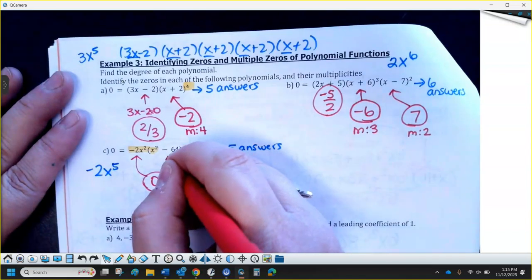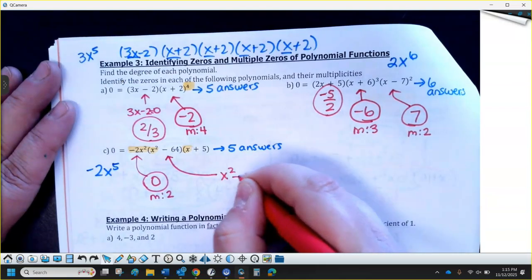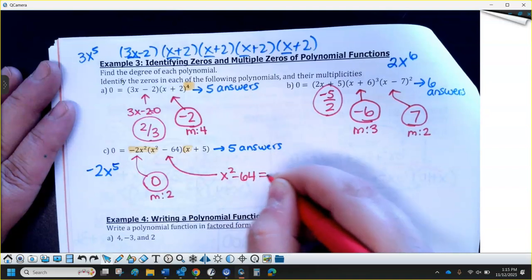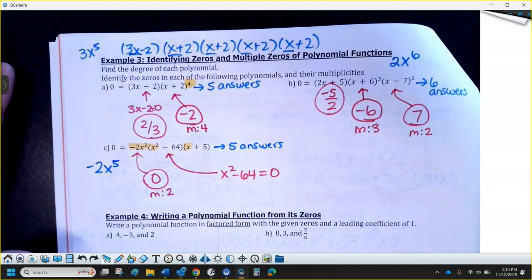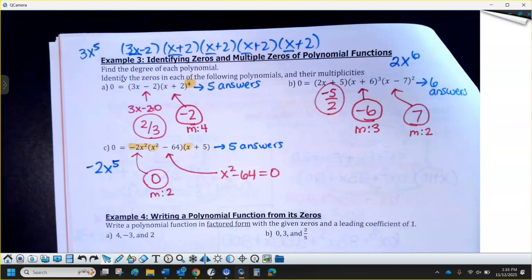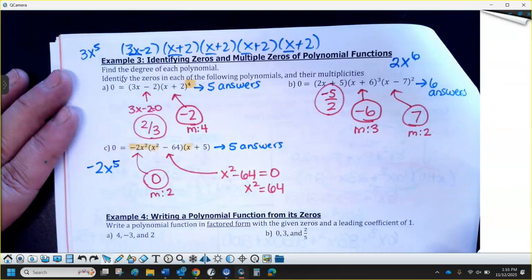Now, this one right here is weird. That exponent is inside the parentheses. So I need x squared minus 64 to be equal to 0, to make the whole thing equal to 0. How would you solve that little equation? I got x squared minus 64 equals 0. You're going to add 64, right? How do I get rid of the square?